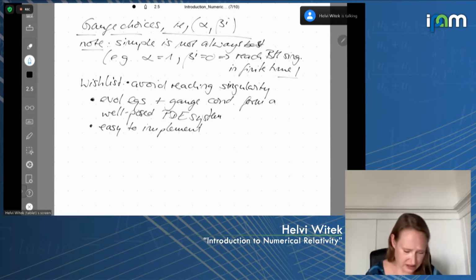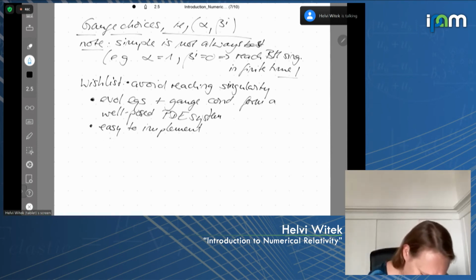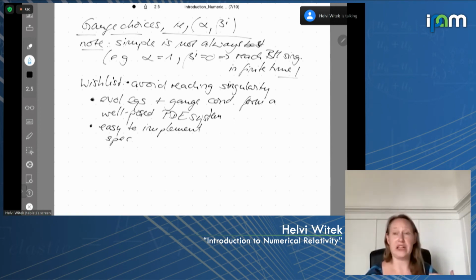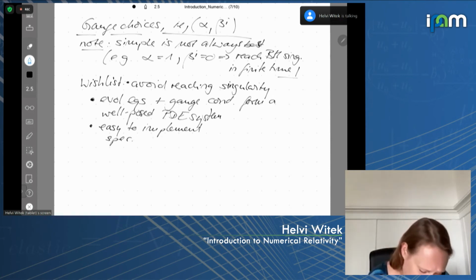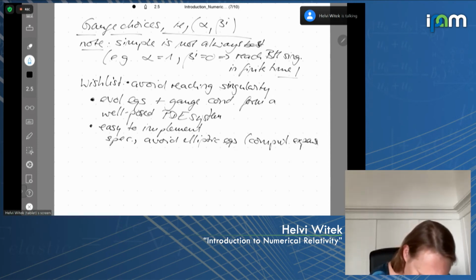So in particular, I want to avoid elliptic choices, not because elliptic equations are bad, but they are very expensive to solve numerically. I would prefer to have evolution equations for my lapse and my shift. So specifically, I would avoid elliptic equations, as they're computationally expensive, and instead I want to use evolution equations.